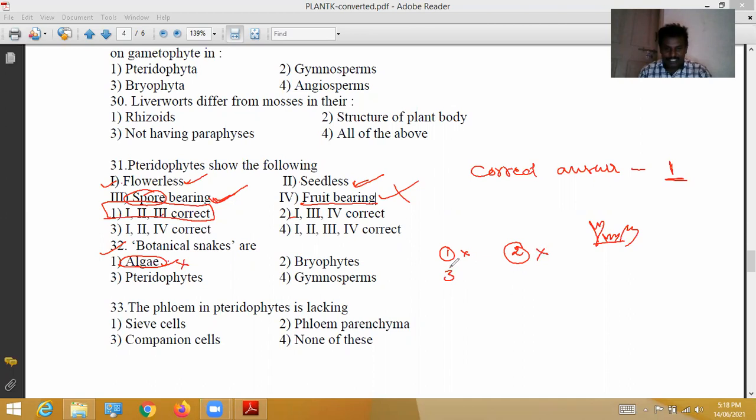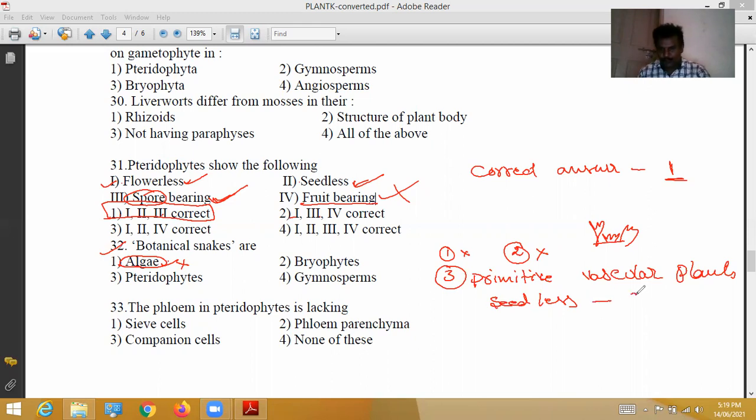If we see pteridophytes, they are primitive vascular plants. Vascular plants means they have well-developed xylem and phloem. So these are called primitive vascular plants that are seedless. Pteridophytes are seedless because they reproduce by spores.